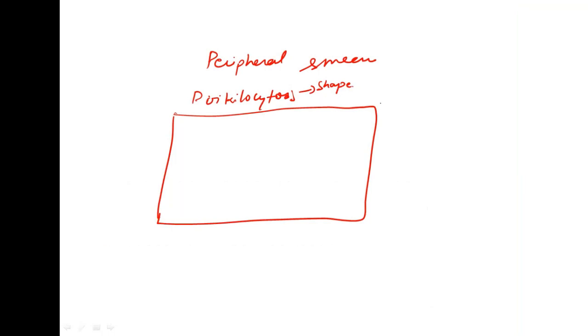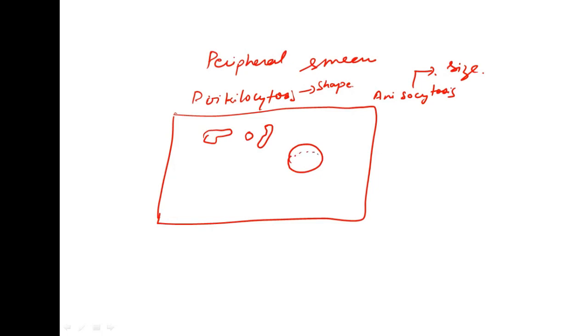That means there is a shape difference. And second thing is anisocytosis. That means there is a difference in the size also. And you can see the RBCs in many shapes, right?